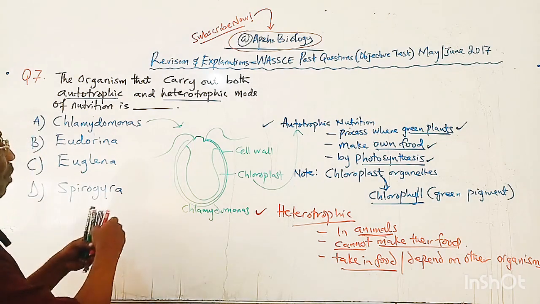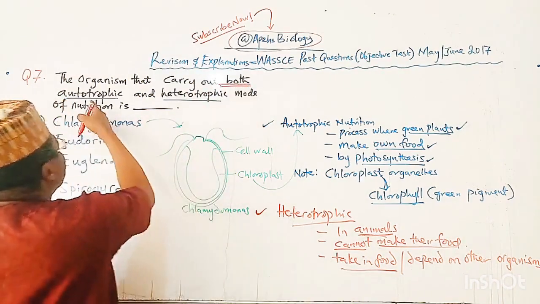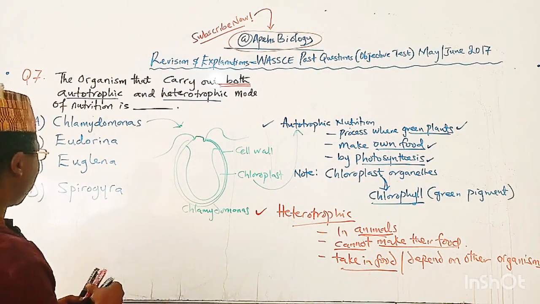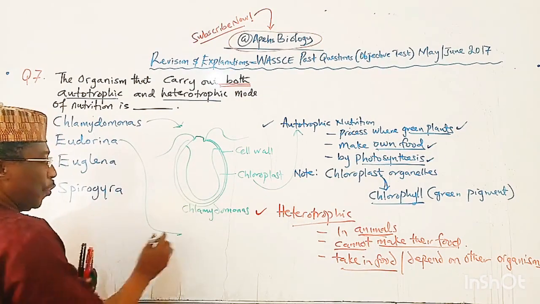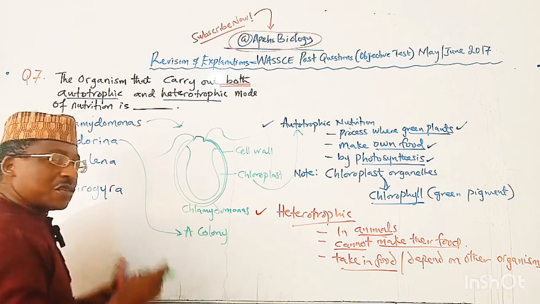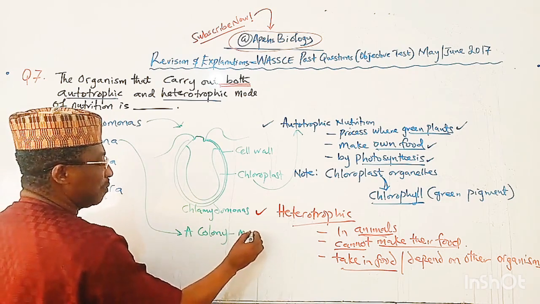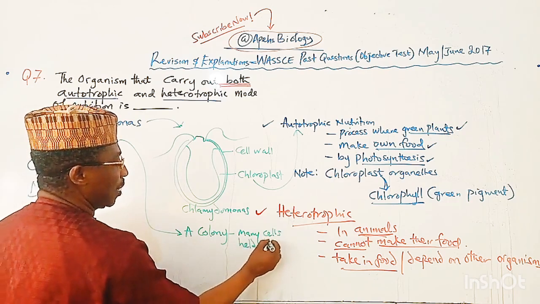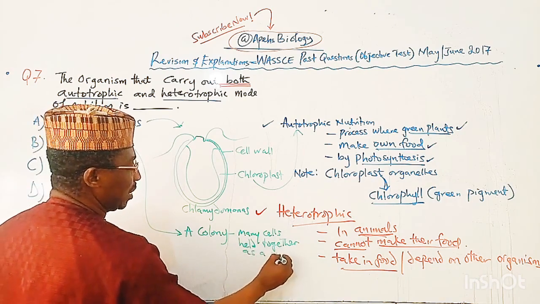The question is looking for the organism that carries out both autotrophic and heterotrophic nutrition. The second organism is Eudorina. Eudorina is actually a colony, an organism that exists as many cells held together as a unit.